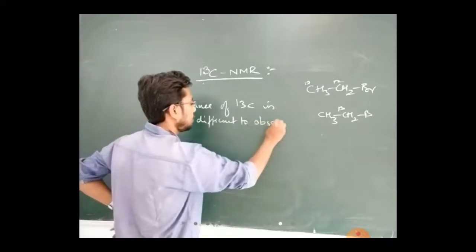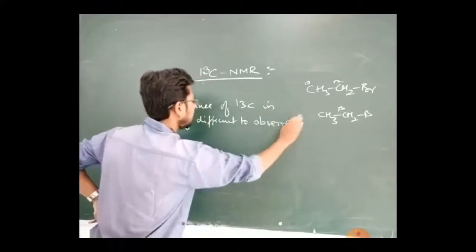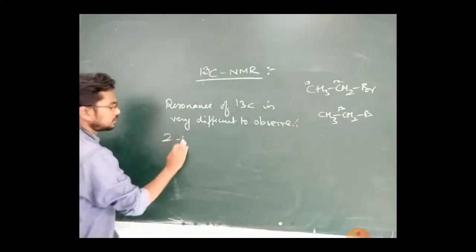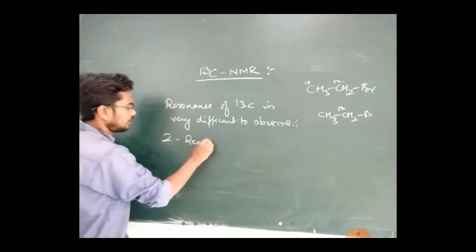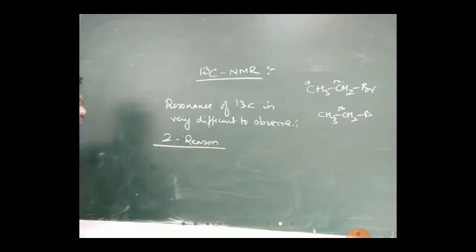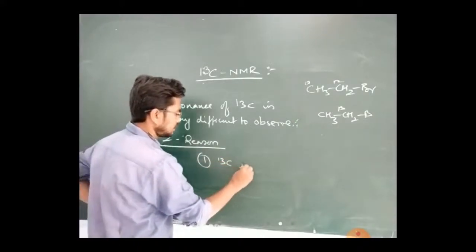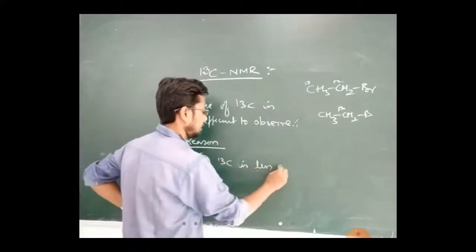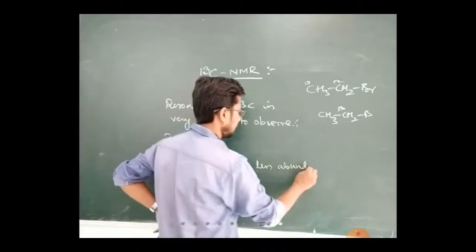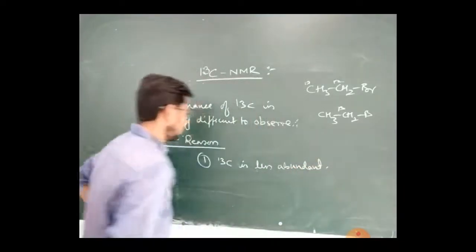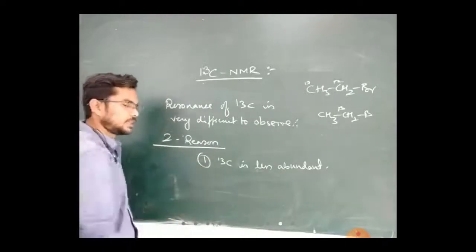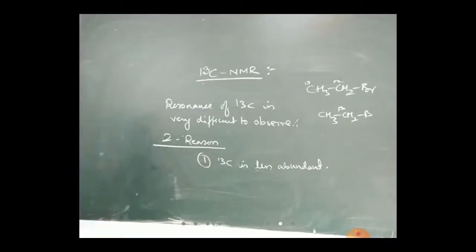There are two reasons for that. One is that 13C is less abundant, so you can always write that it is only 1.08% available.